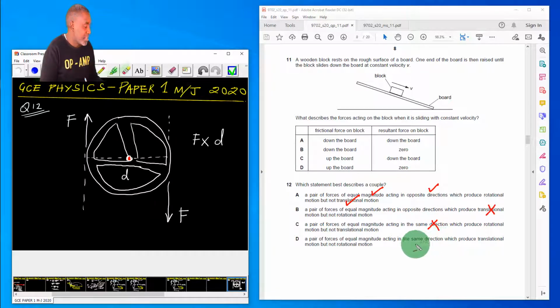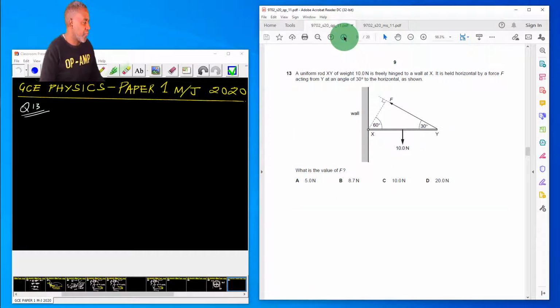They don't act in the same direction. A pair of forces of equal magnitude acting in the same direction, again, that rules it out, and our answer is A. So 12A. Of course, we saw that number 11, the best answer was D. And let's go to question number 13.